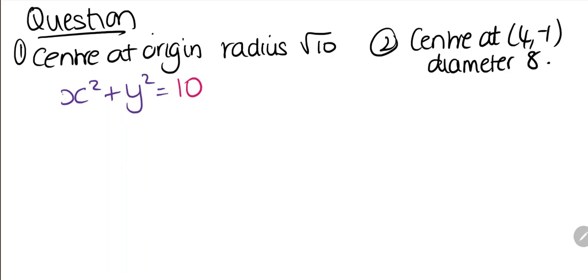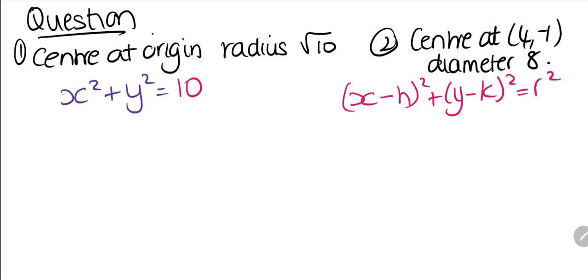The second one, the centre, has been translated. So you've got x minus h squared plus y minus k squared equals r squared. And we need to substitute in the values. But remembering this is h and k, and we want minus h.